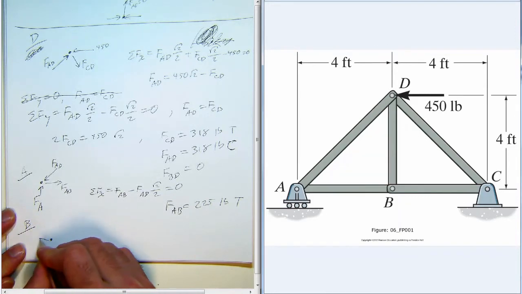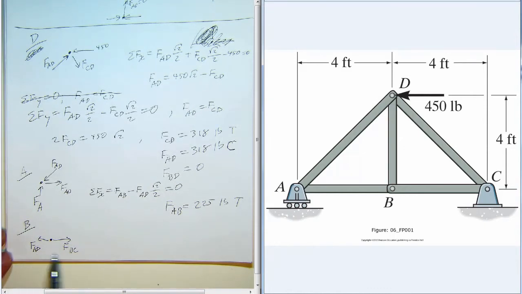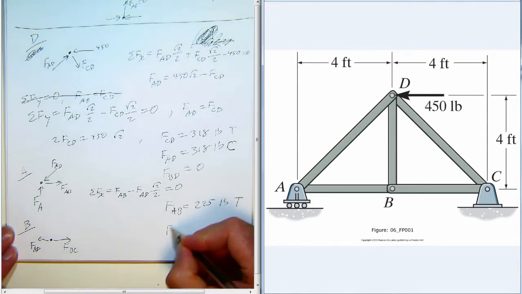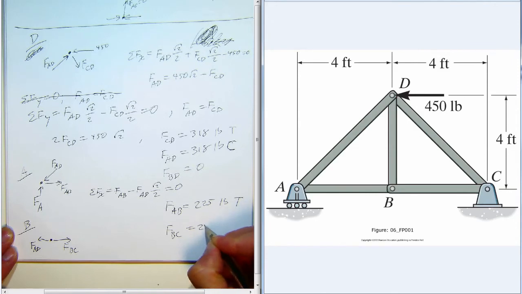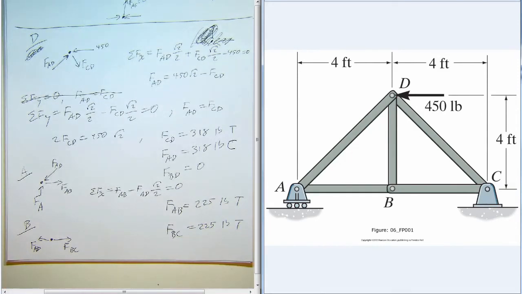So FAB, again, it's in tension, so it's pulling away, and then there's FBC, so we just can tell that FAB and FBC are equal. So FBC is also 225 pounds, tension. So that was the method of joints in order used to find the forces in the members of this truss.